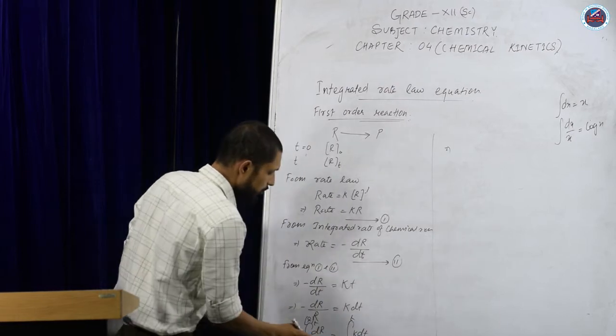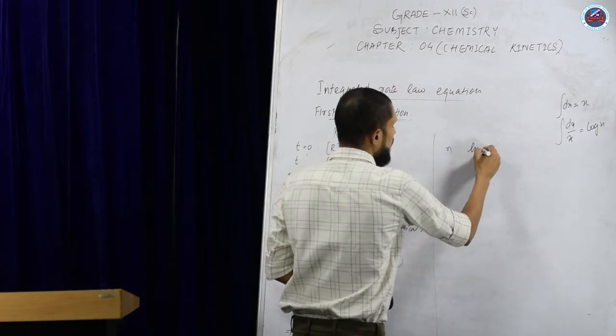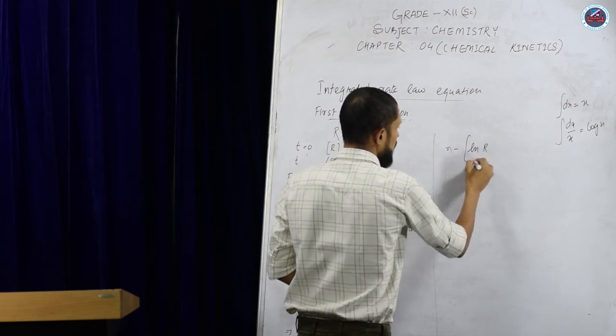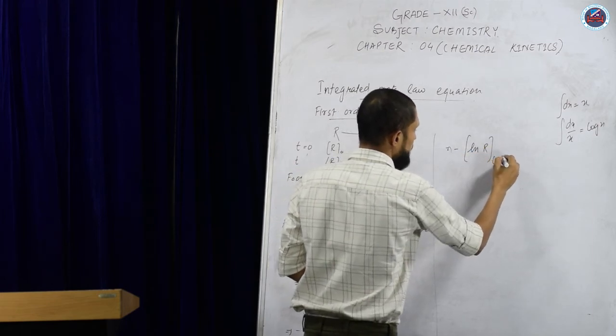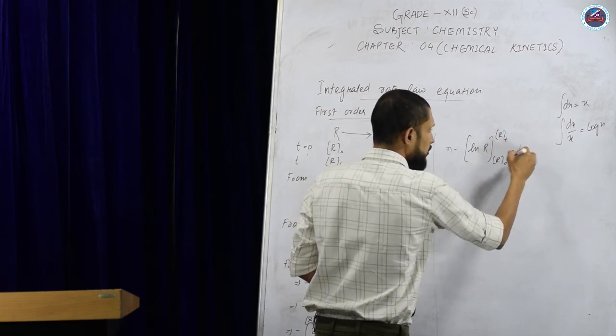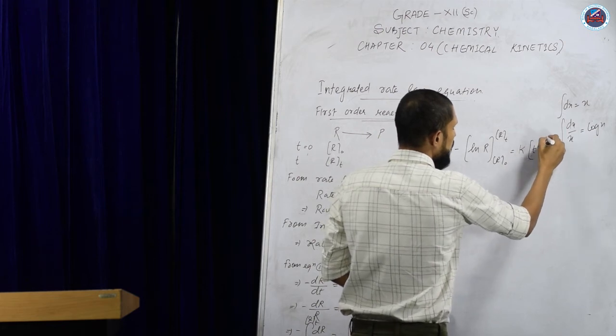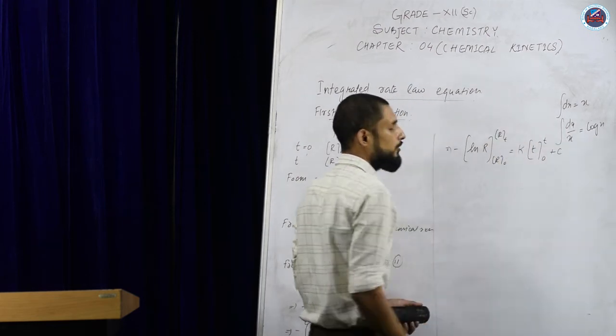So integration of dR by R is ln of R from R0 to Rt, is equal to K, which is a constant, will come out. Integration of dt is t from 0 to t, plus integration constant c.